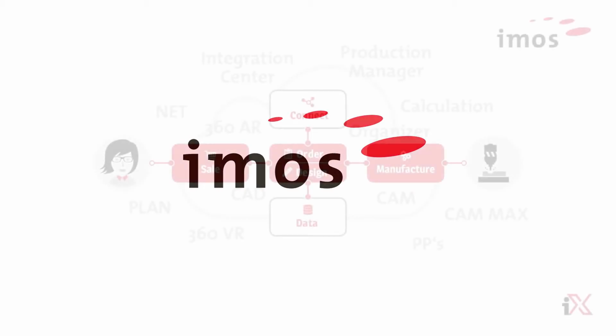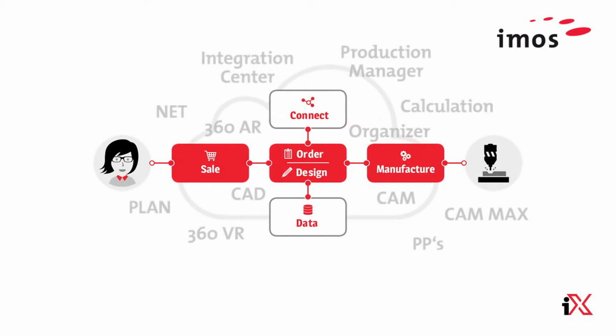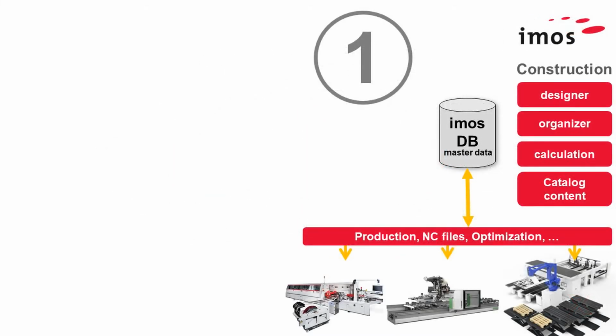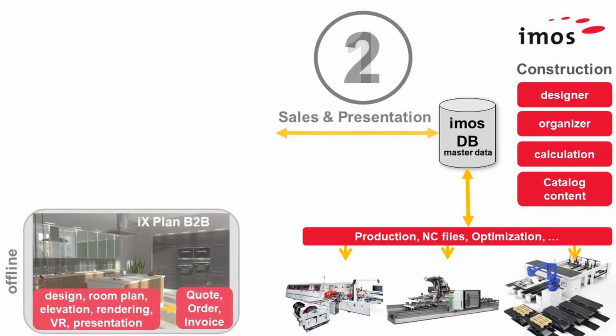Okay, today we will have a look at the Imos ecosystem, so the products which can be configured for your own ecosystem in the furniture industry. The first part will be, for sure, the typical CAD/CAM technology, design and get production data. In step 2, we will do an offline planning of a kitchen.